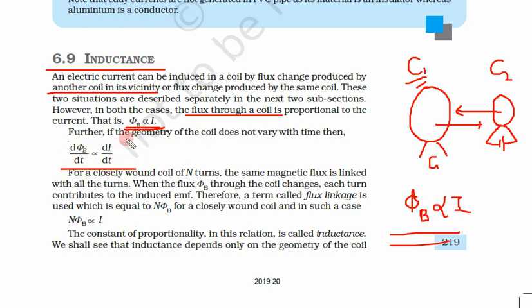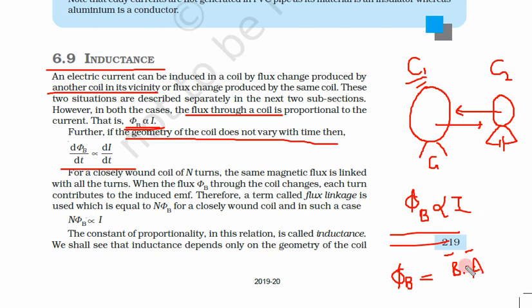Here they have considered that the geometry of the coil does not vary with time. So if it is a circular coil, it will remain a circular coil, because phi b has two terms: B and A, the dot product of B and A. If the area is changing, that means the geometry is changing.